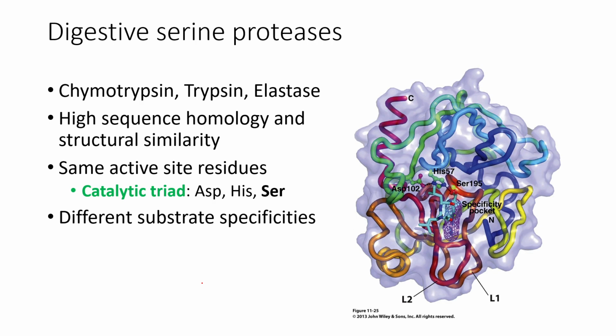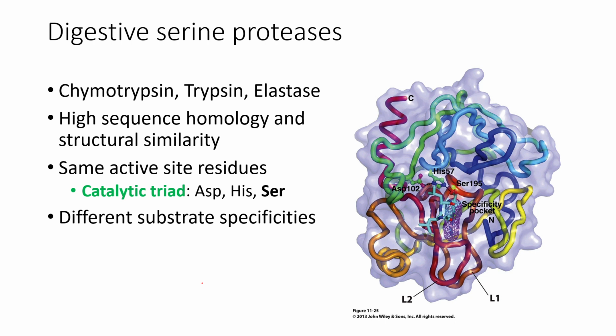So let's now talk about the digestive serine proteases, meaning the ones that are active along your digestive tract to help break down proteins in your diet. Some examples of these are chymotrypsin, trypsin, and elastase. All of these digestive serine proteases have high sequence homology and structural similarity, meaning that they had a common ancestor that they all derive from, but that they have since diverged and now have some differences that we will talk about in a little bit.